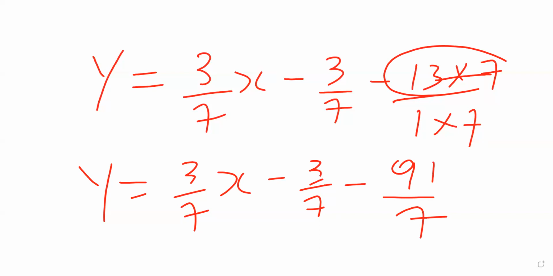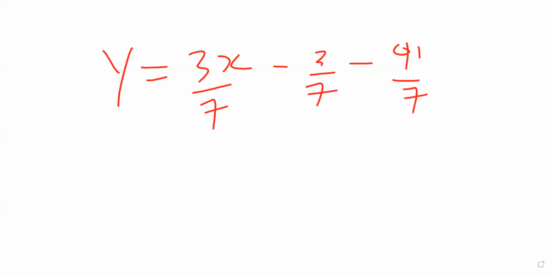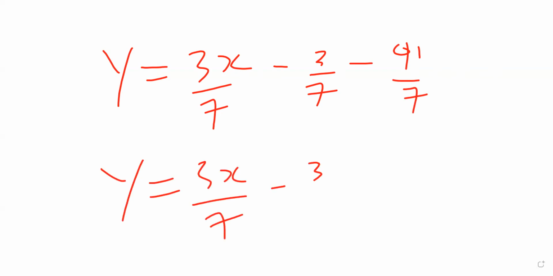So let's go ahead and simplify this some more. So we have y is equal to 3x over 7 minus 3 over 7 minus 91 over 7. Since the denominators are the same, we could just keep one of them in our answer. So we have negative 3 right here, all over 7, minus 91.